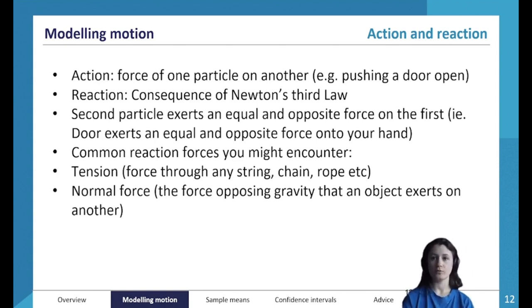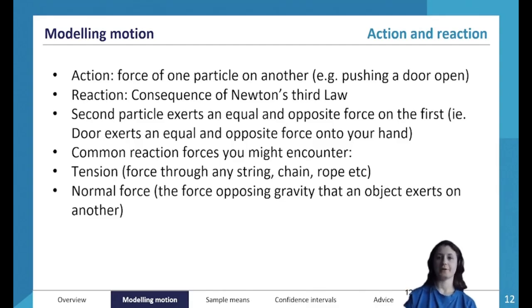Next, the normal force. The normal force opposes the gravity that an object exerts on another, all right? A really common example of this is a box sitting on a table. Gravity is pulling the box down, but the normal force exerted by the table pushes the box up.